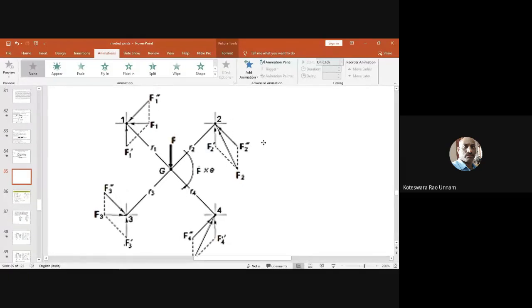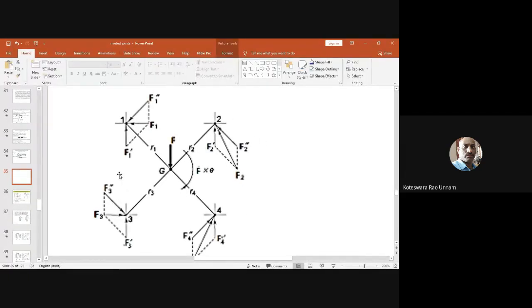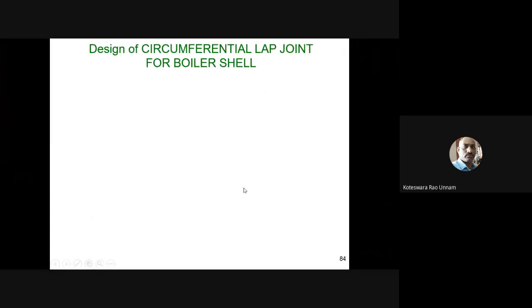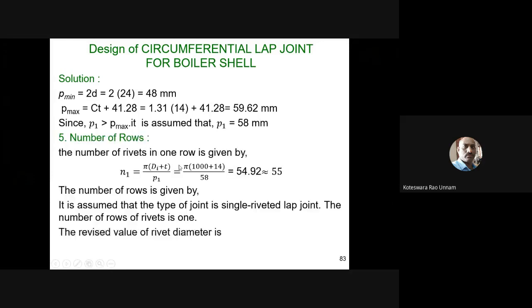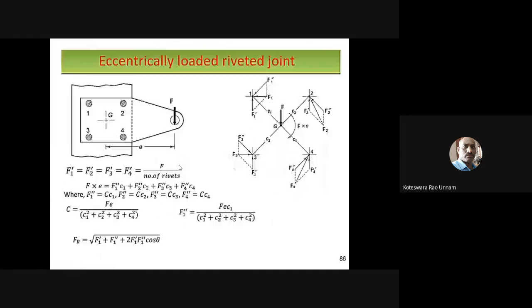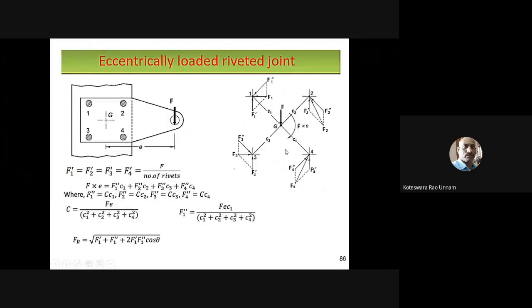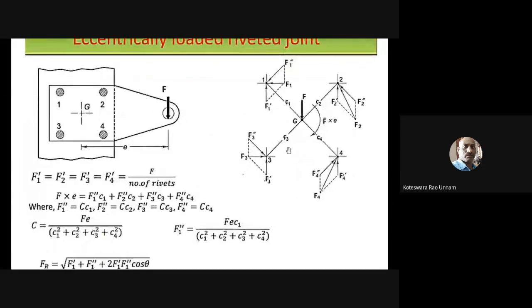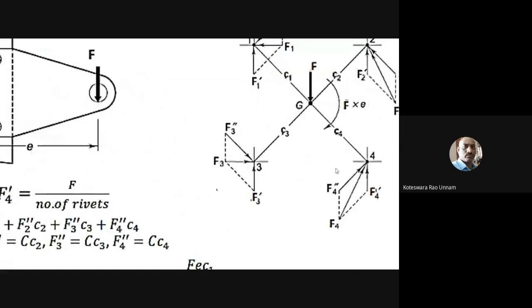See now here, for each rivet, okay, I don't have a pen provision. Or else I'll zoom it and do it in this. Yes, I can zoom it.